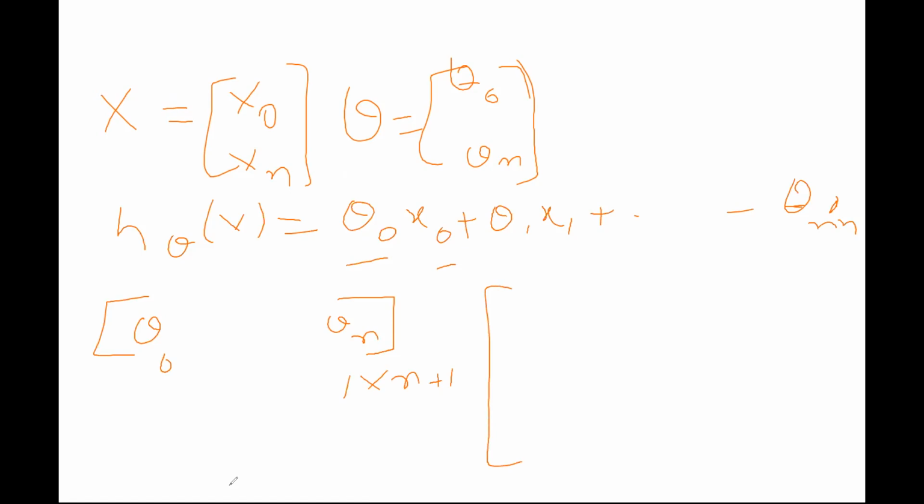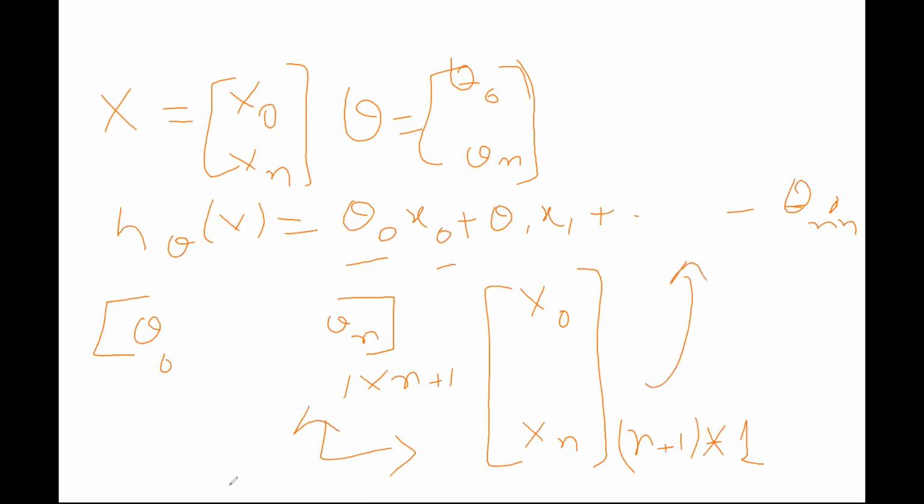And x naught to xn will become n plus 1 into 1. So we can multiply these two matrices, and then we get the result, h theta x.